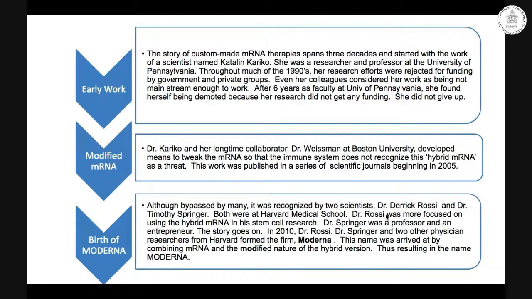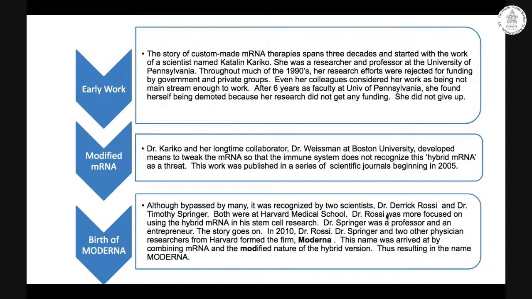Birth of Moderna. Although bypassed by many, it was recognized by 2 scientists, Dr. Derek Rossi and Dr. Timothy Springer. Both were at Harvard Medical School. Dr. Rossi was more focused on using the hybrid mRNA in his stem cell research. Dr. Springer was a professor and an entrepreneur. The story goes on.